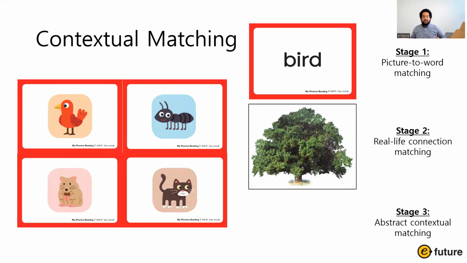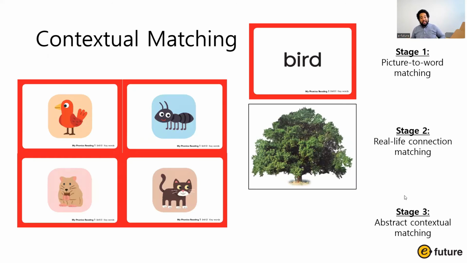So you're asking the students to match the vocabulary, but you're also creating context. Birds make their nests in trees, and having them make that connection expands their understanding of what bird means. So this is the second stage of your context matching for this activity.